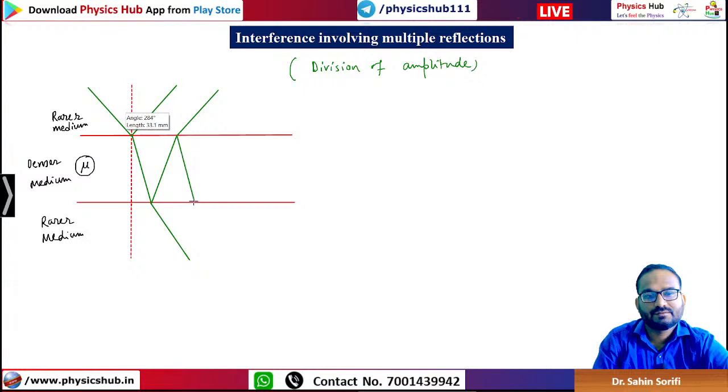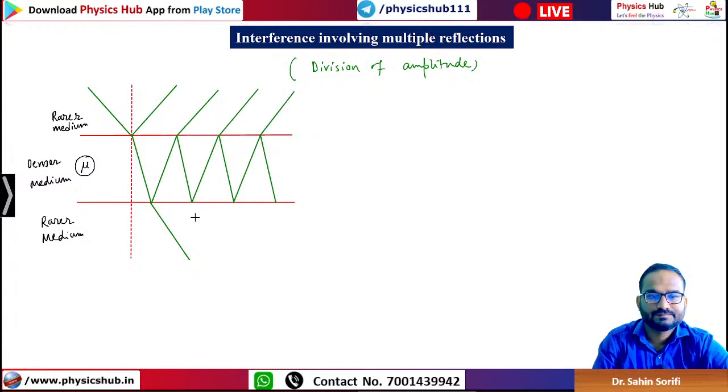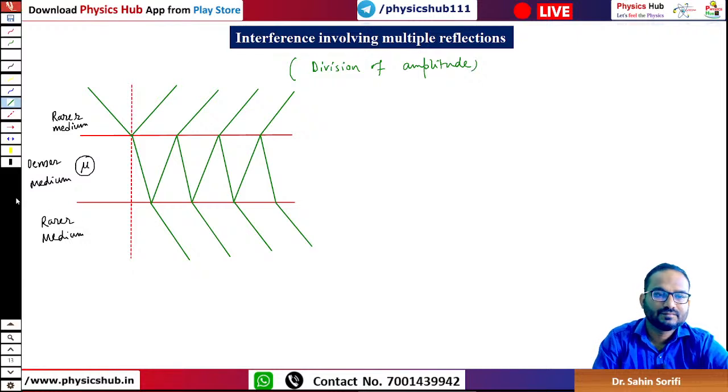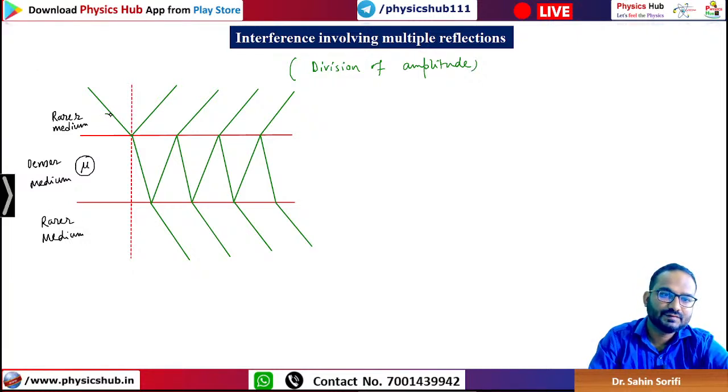Then it will get reflected multiple times like this, and each time it will also get transmitted like this. Giving the arrow direction is very important. It is coming here, going there.